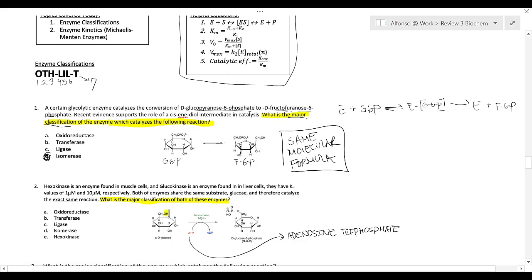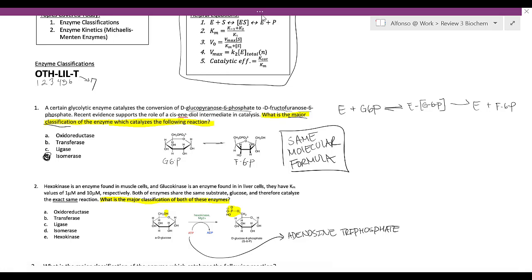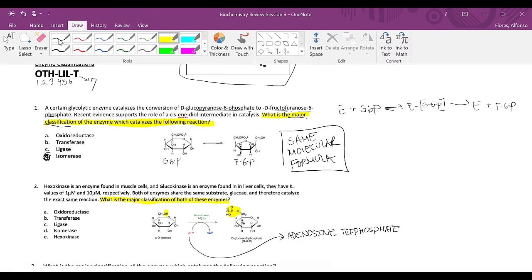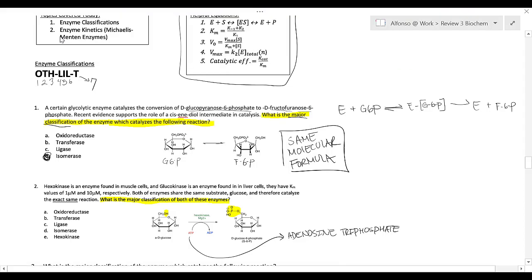So if a molecule transfers, that's the hint, if the molecule transfers something from one group to another, what type of enzyme is that? Or what is the major classification?